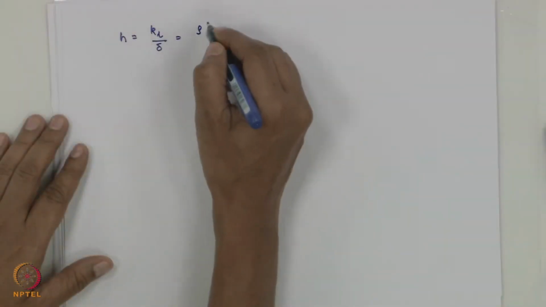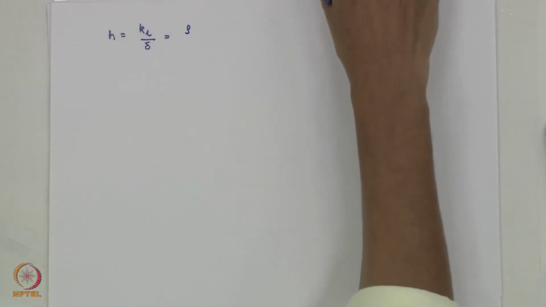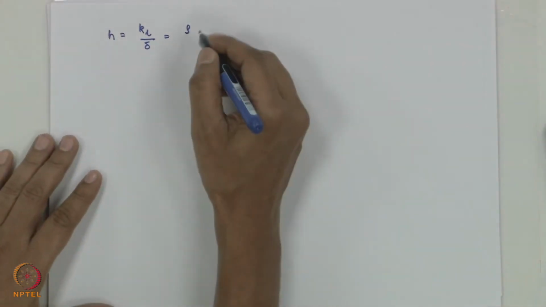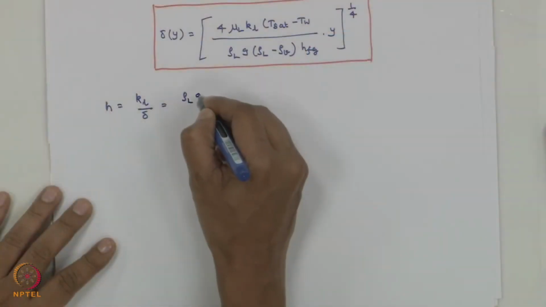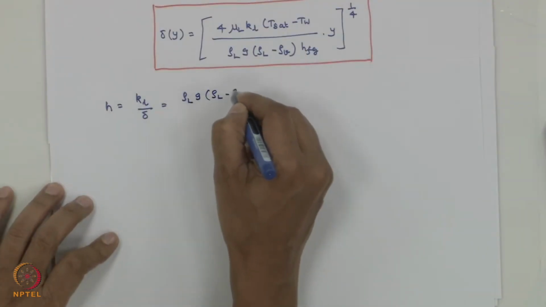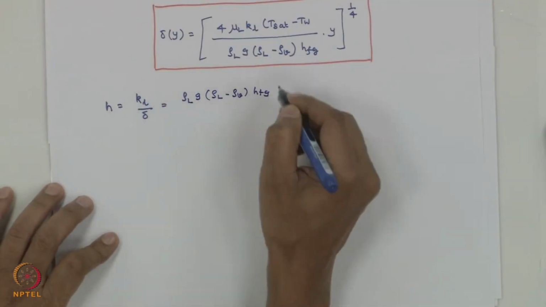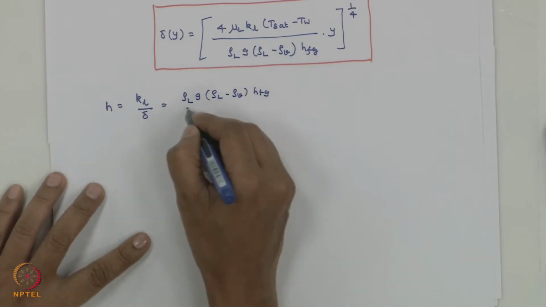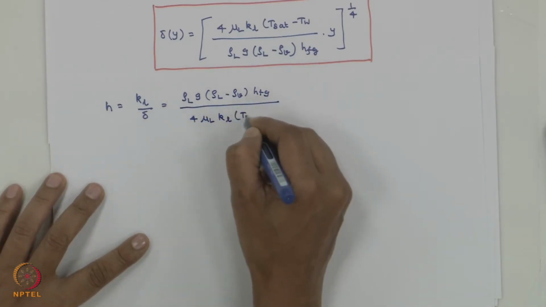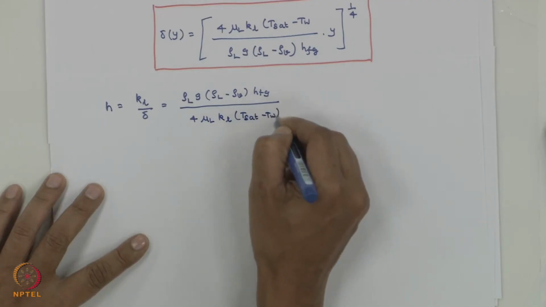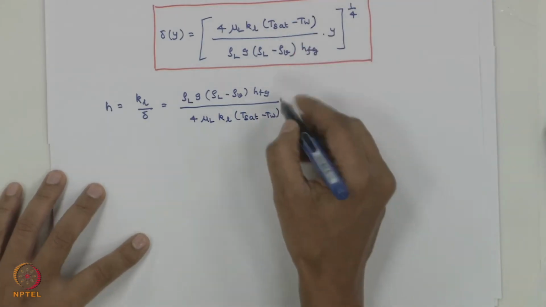If you substitute for delta what we just now got, you are going to get rho L g into rho L minus rho V into HFG upon 4 mu L KL into T sat minus T wall into y.